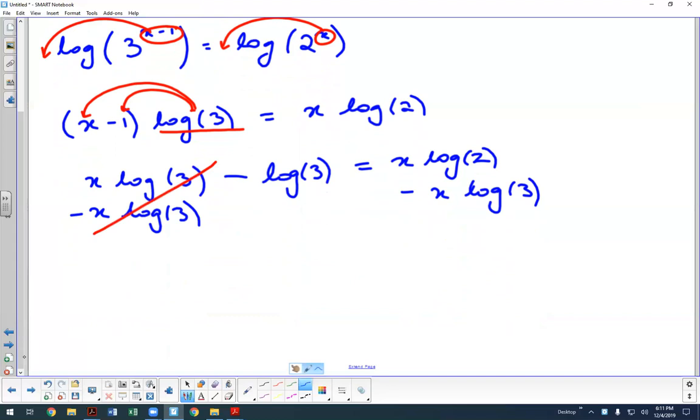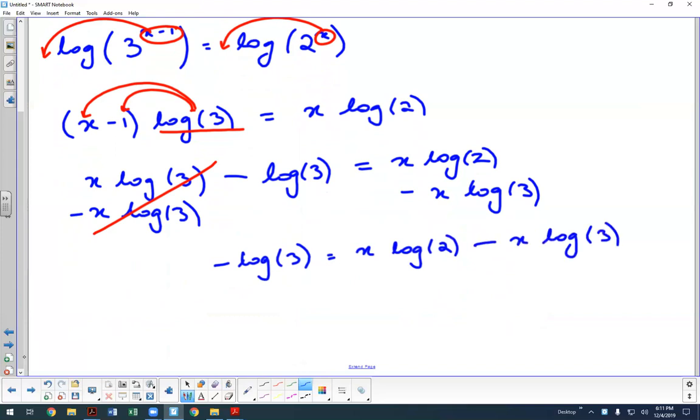We are left with negative log of 3 on the left-hand side. And then I've got x log of 2 minus x log of 3. Both my terms on the right-hand side have an x on them, which is what we wanted. We got them on the same side.